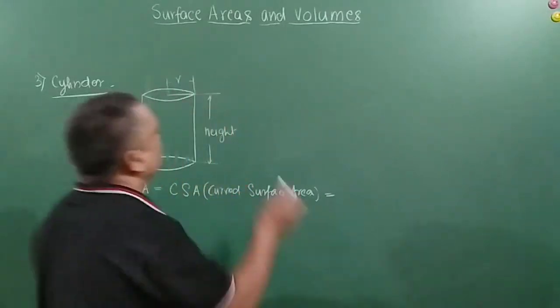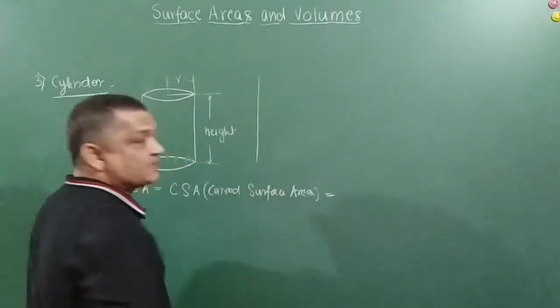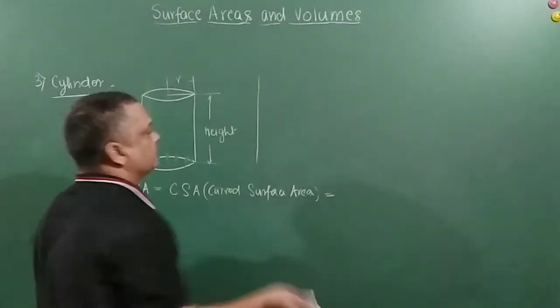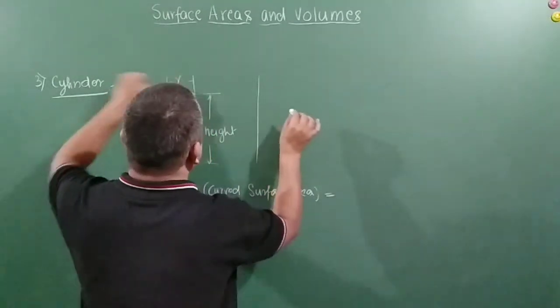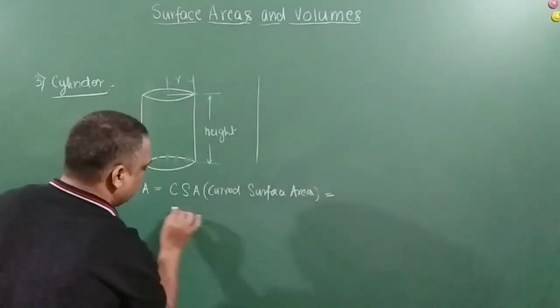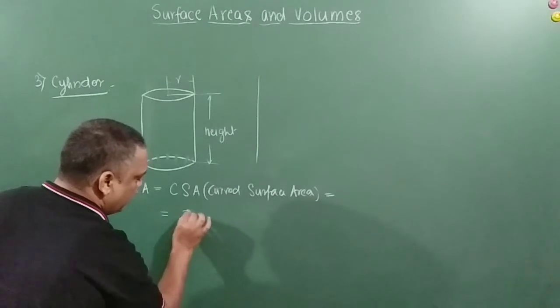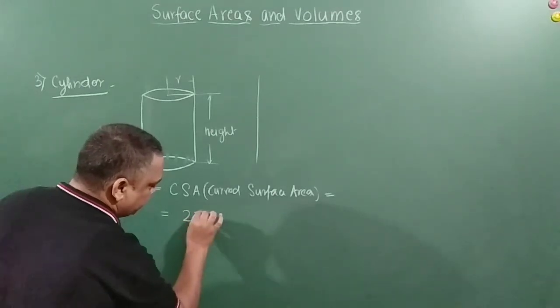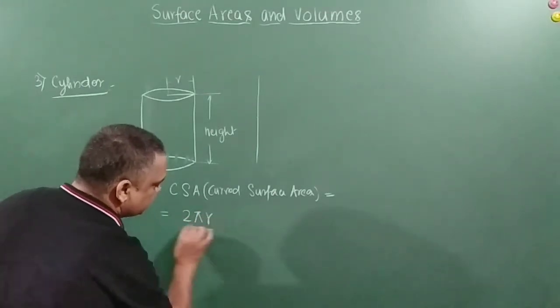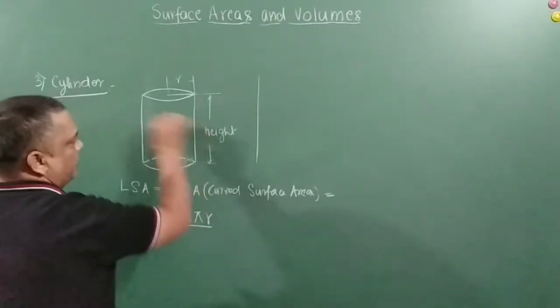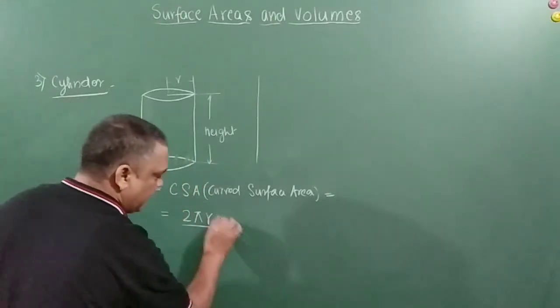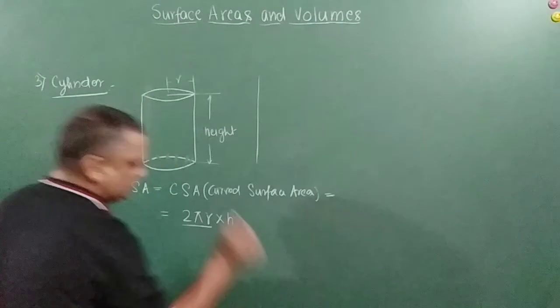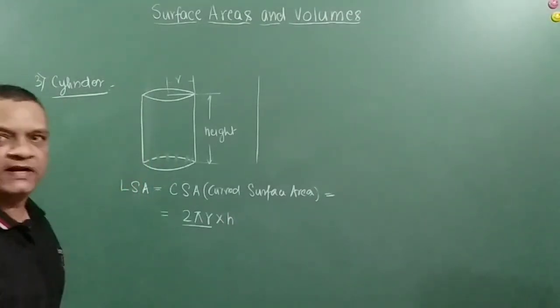So since I am considering it as a regular figure, right, friends? Curved surface area, I'll write it here only, will be equal to 2 pi r. What is this? This is your perimeter of the circle into height. Got it, friends?